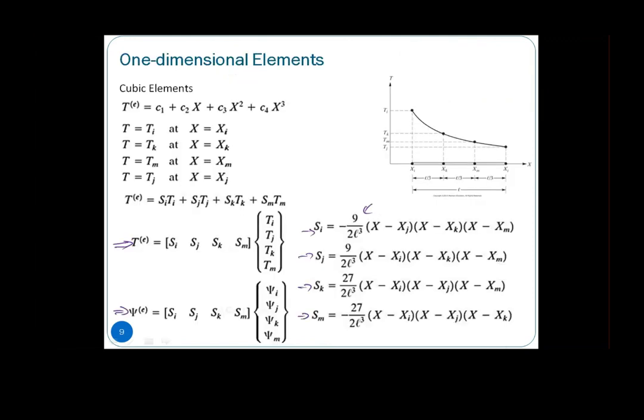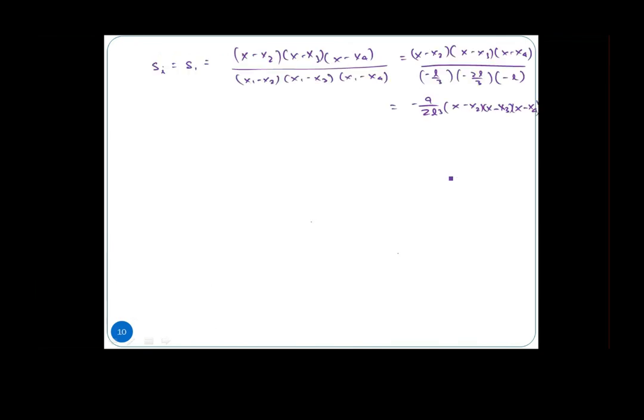Right? So similar with what we have here. But for number 2 it is node K. So Sk equals S2, then we have x minus x1, where we omit the x minus x2, followed by x minus x3, x minus x4. The denominator will be x2 minus x1, we omit x2 minus x2, followed by x2 minus x3, x2 minus x4.